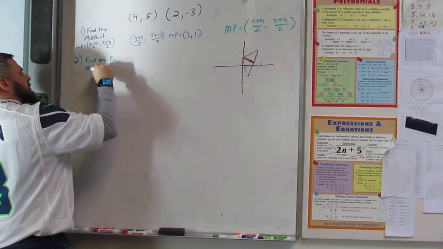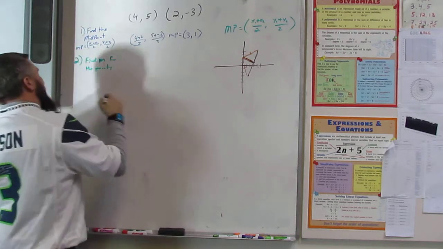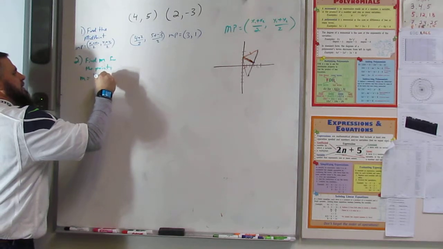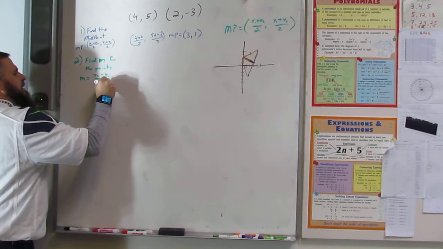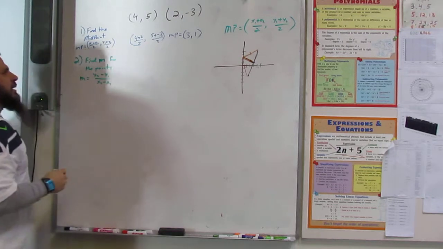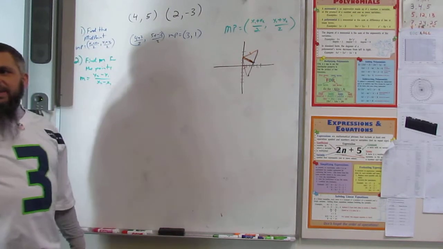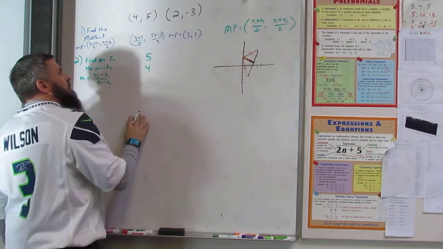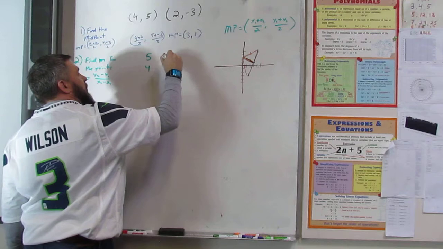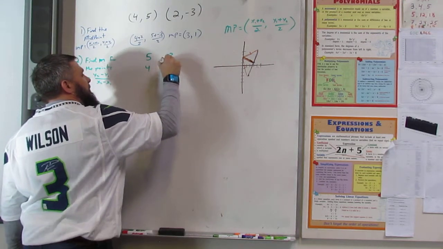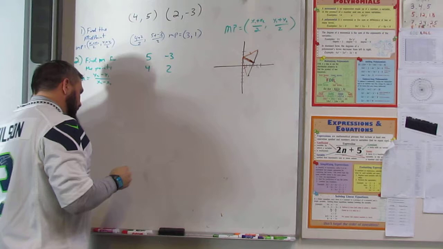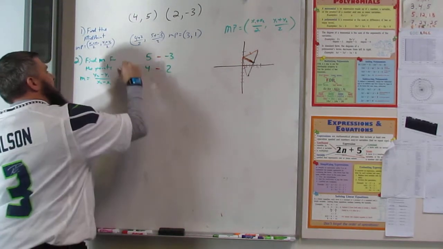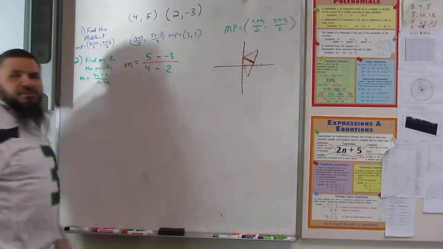Okay? What that is, m equals y sub 2 minus y sub 1 over x sub 2 minus x sub 1, right? Or in other words, flip it and smack it. So we're going to flip it. Flip it so that the y is on top, the x is on the bottom. Okay? And then smack it. Subtracting the two of them. This is what m is equal to.